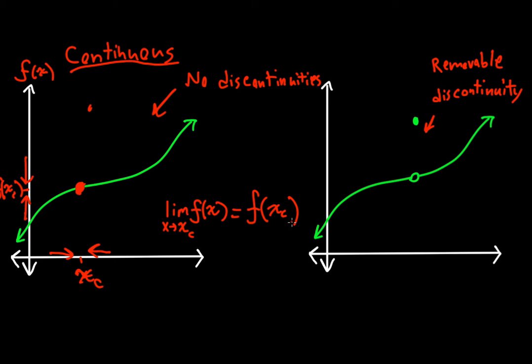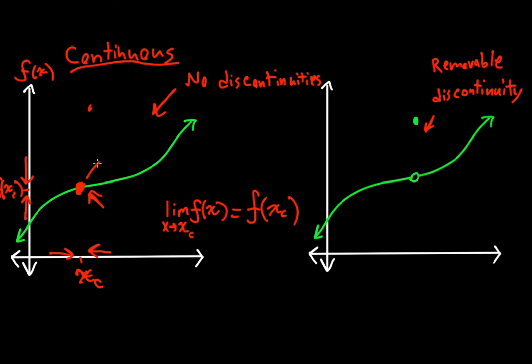This is our definition of a continuous function. So when you see a function that has no issues with it, this is how you can formally define that. The limit, as you get closer to any point on the function, is going to be the function defined at that point. So the limit here, there's no removable point.